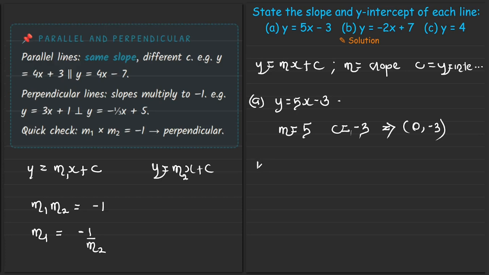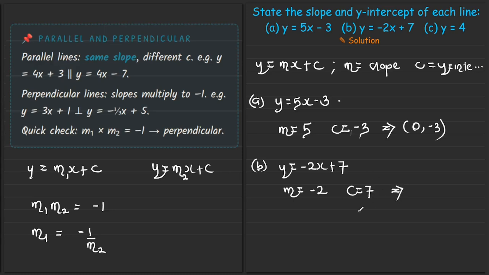For the second one, we have y equals negative 2x plus 7. This has also been arranged in this form. Hence, we can easily tell our m. So our m is negative 2, and then our c is 7.